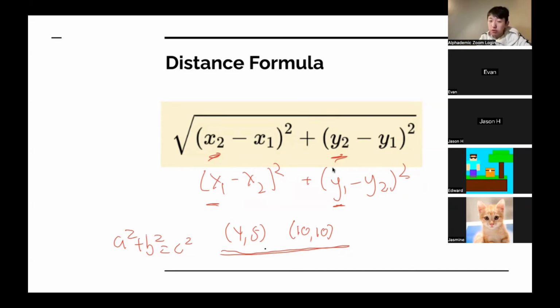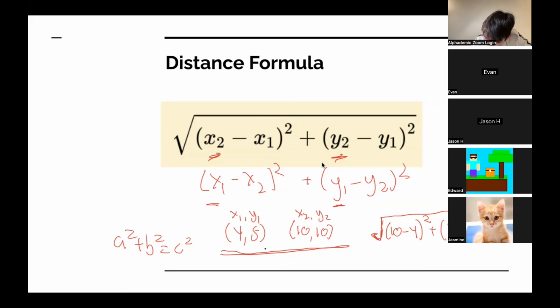So for this one, we would start off by first allocating the x's. Let's just say the 10 is x2, y2. This one is x1, y1. So to start off, in the equation, we have the square root of 10 minus 4 squared plus 10 minus 5 squared.